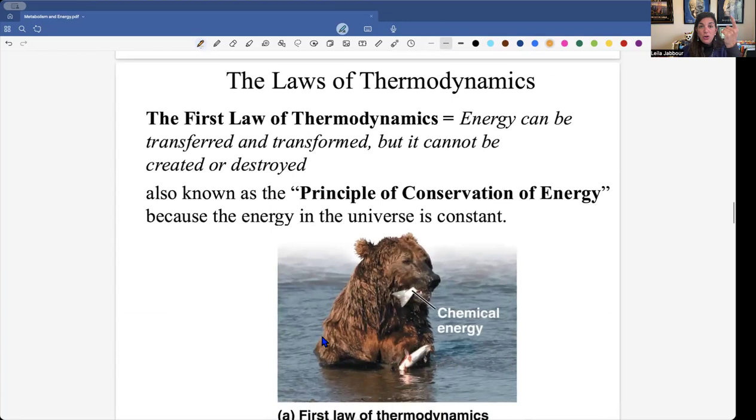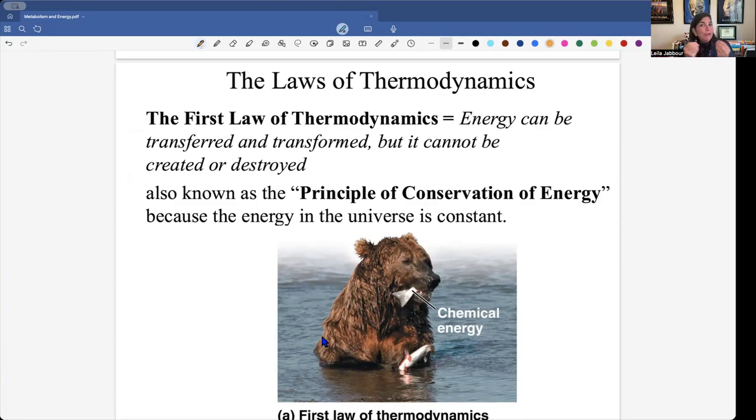So the first law of thermodynamics, because this is physics and there are certain things that have been determined to be the case, a law, we call them laws. The first law of thermodynamics is energy can be transferred and even transformed, like from one type of energy to another type of energy, but it cannot be created or destroyed and disappear.